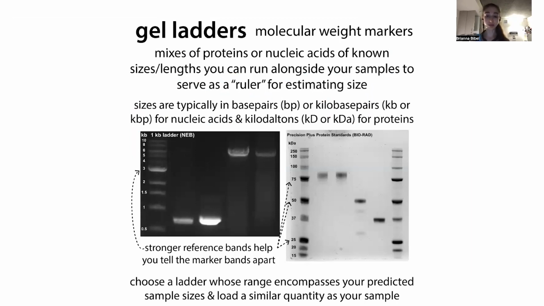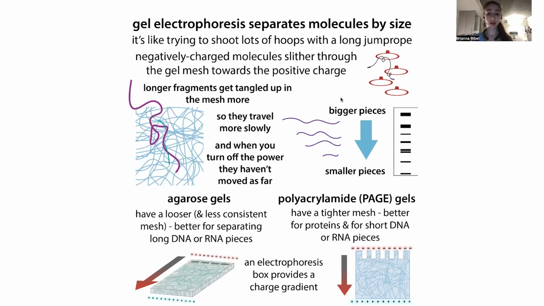When you're running the gel, the longer molecules are going to get slowed down more, and when you turn off the electricity, they stop having the drive to move through the gel. The bigger ones are thus going to be higher up in the gel, and the smaller ones are going to be lower down, because how far down or how high up they are depends on things like how long you run the gel and how meshy the gel is.